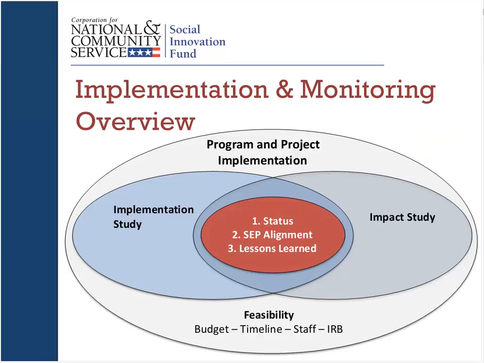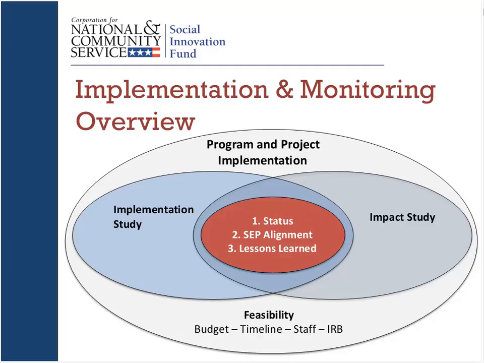Second, how does what's happening align with the subgrantee evaluation plan, or the SEP? Are there any changes from what was intended that are going to impact the final level of evidence? It's a really important piece. Third, what lessons are being learned in terms of how the program or evaluation will operate in the future, or that other programs outside of the SIF or other evaluations outside of SIF might be implemented in the future.